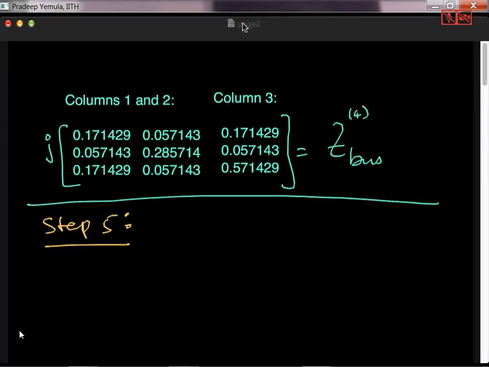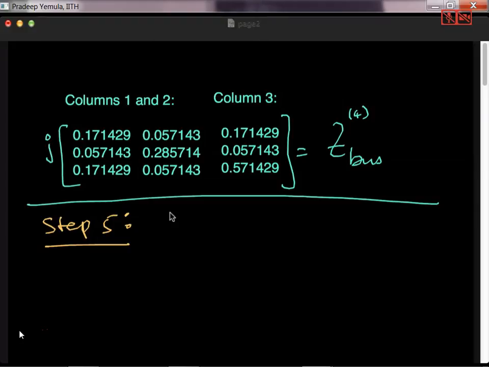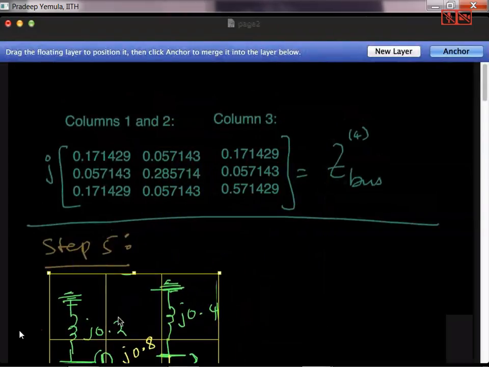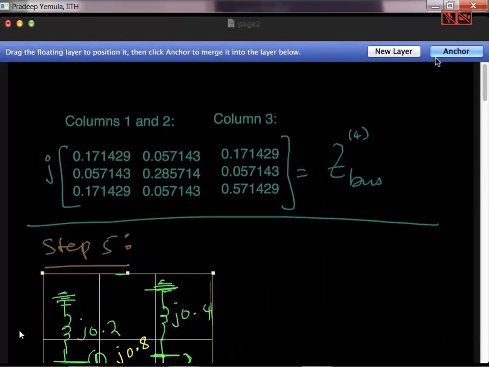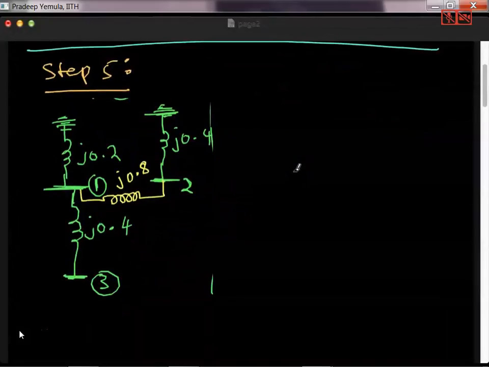So let me get the drawing from the previous case. So I just get this drawing. So this is step 5.